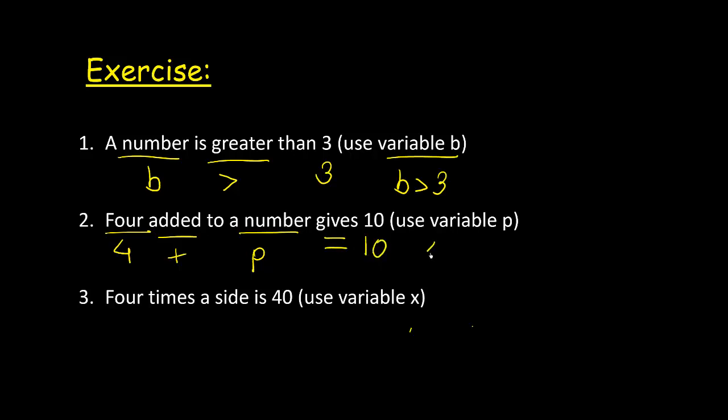So 4 plus p is equal to 10. Now here we have: 4 times a side is 40. Use variable x. 4 times x is equal to 40.